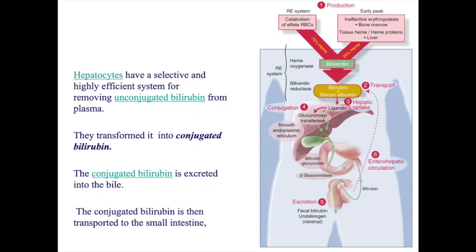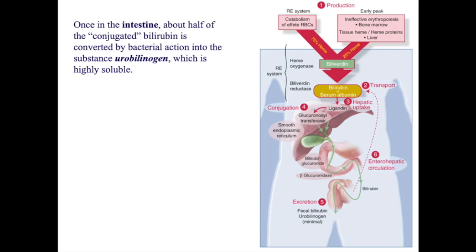and it's stored in the gallbladder along with the other bile, and then it will be excreted when the time comes, drained into the small intestine. Note that once in the intestine, a certain amount of this bilirubin will be converted into something called urobilinogen.